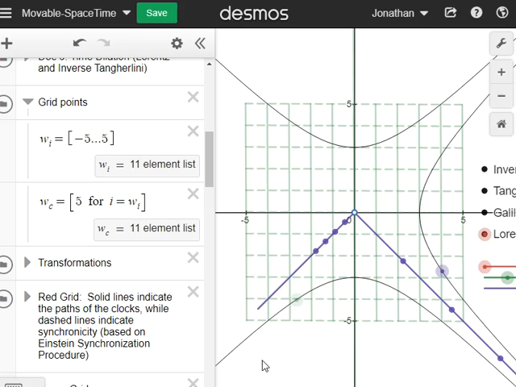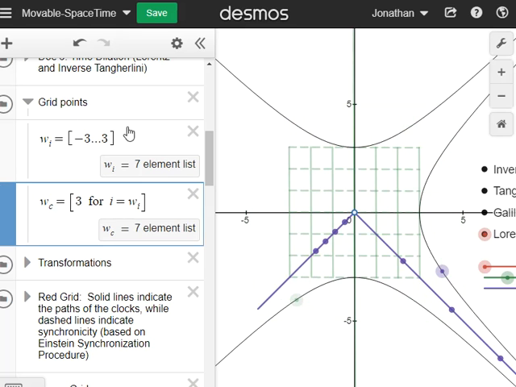So you got 2 observers occupying this same point in space and time with different velocities can have different observations of where the events are located. They can disagree about where the events that they're seeing are actually located.